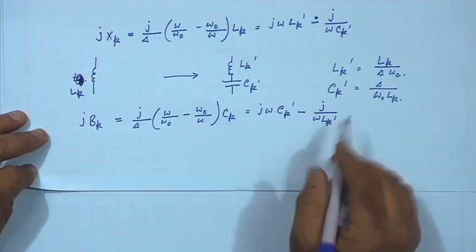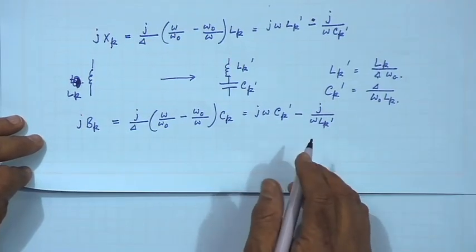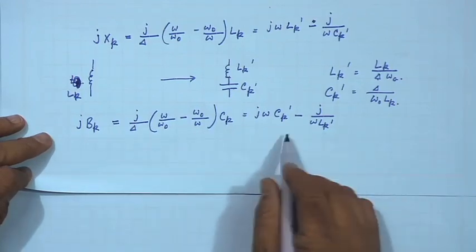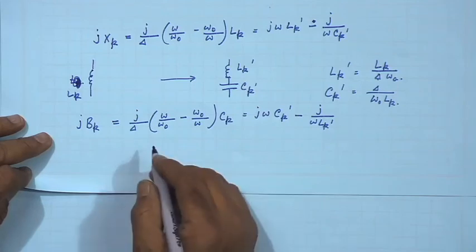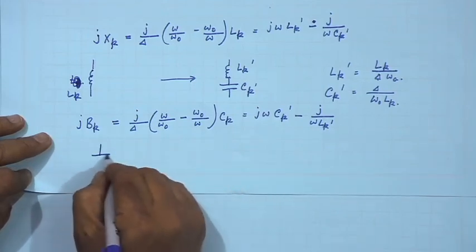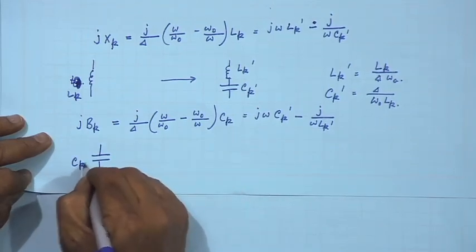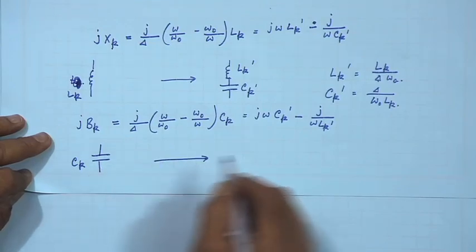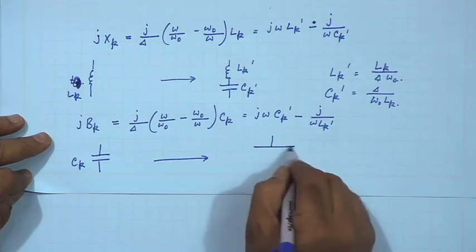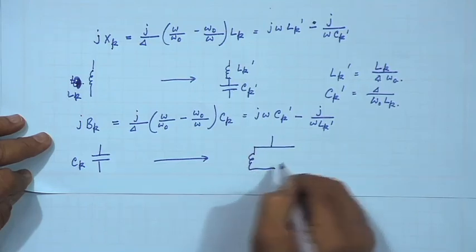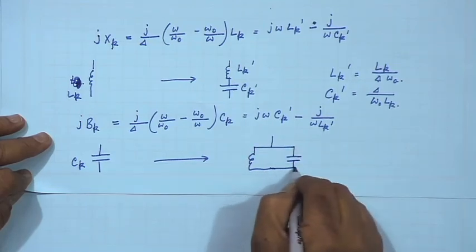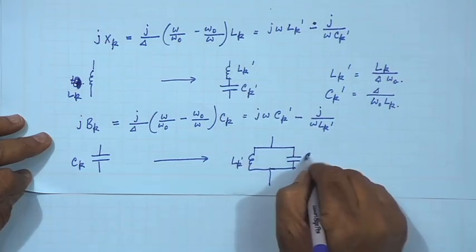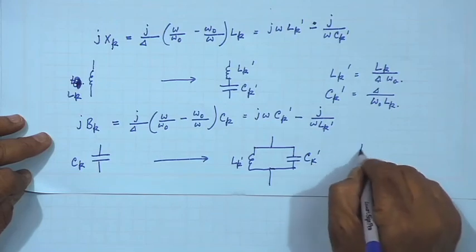So, you see that a shunt capacitor is transformed to a shunt LC circuit with elements Lk dashed and Ck dashed. So, if I draw again, I had a Ck in the low pass prototype, but now I am having a shunt LC with Lk dashed and Ck dashed. What are their values?